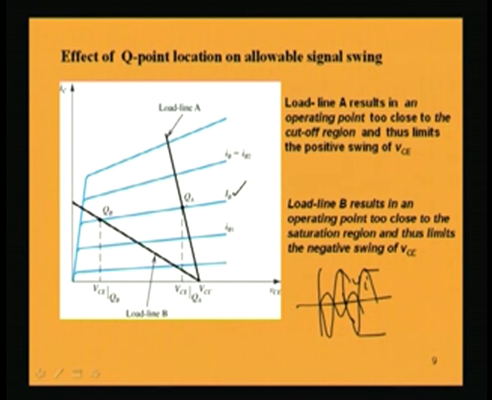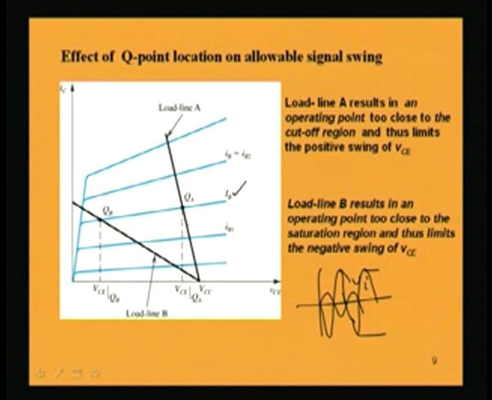Now, when I have different Q points from the earlier cases, suppose load line A has this Q point, QA, and for that Q point QA I have the voltage from collector to emitter, VCE.